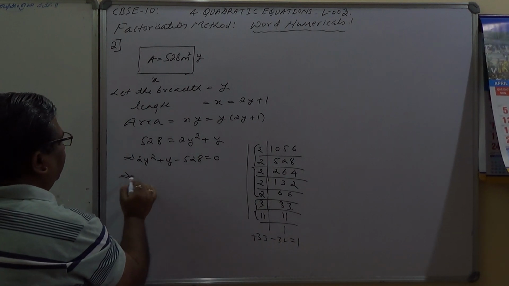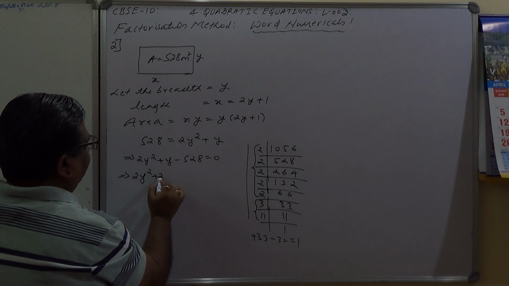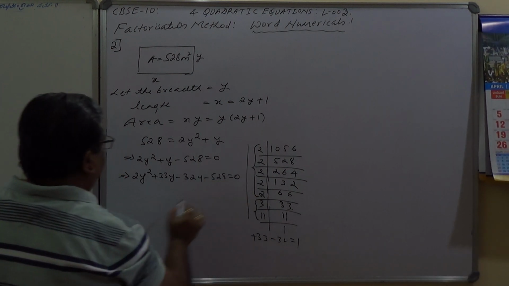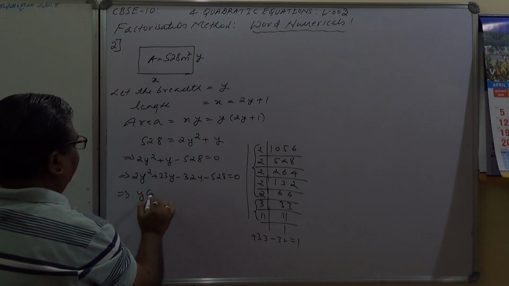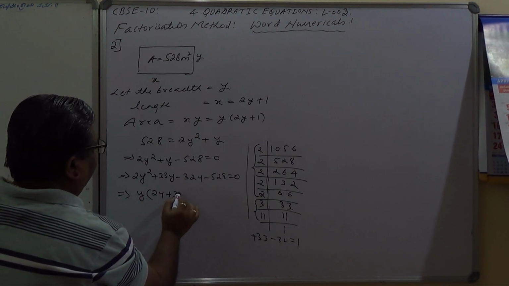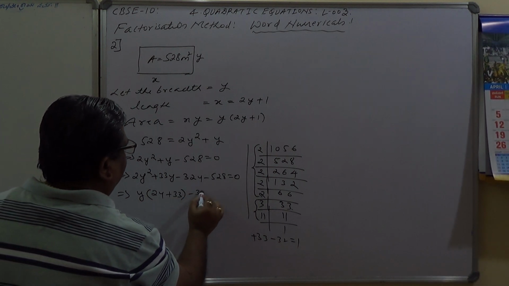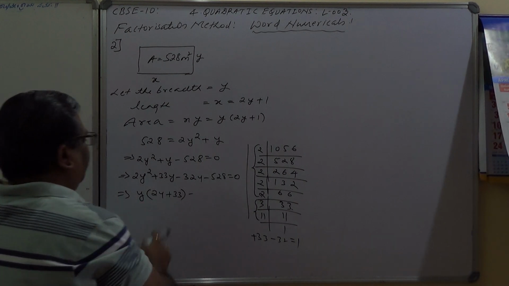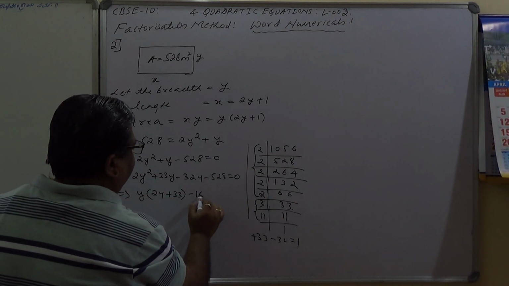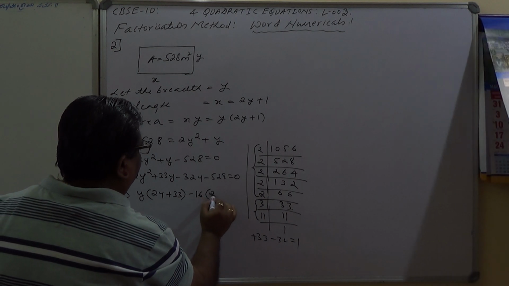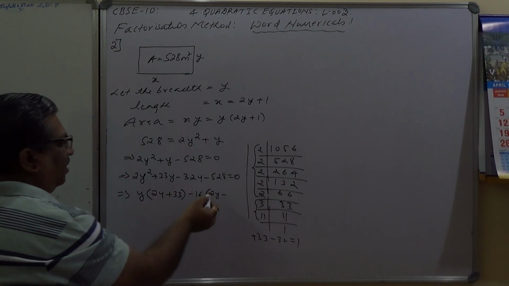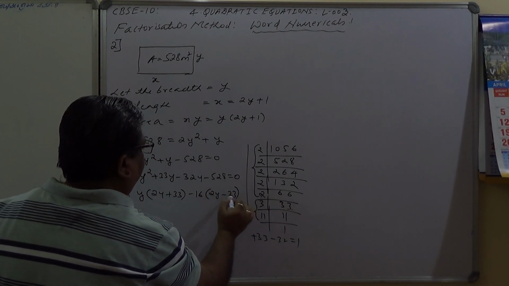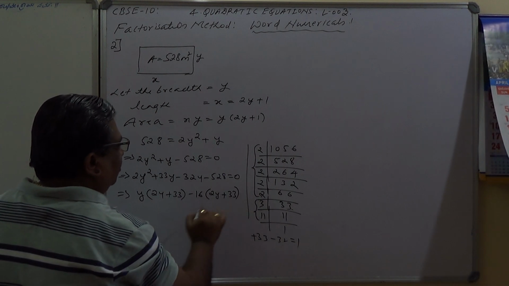So this implies 2y square plus 33y minus 32y minus 528 equals 0, which implies y is a common factor. So 2y plus 33 into y minus 16 equals 0. If you want to get 2y, take 16 into the bracket, 16 3s are 48, but since minus has been taken out, this should be plus here.